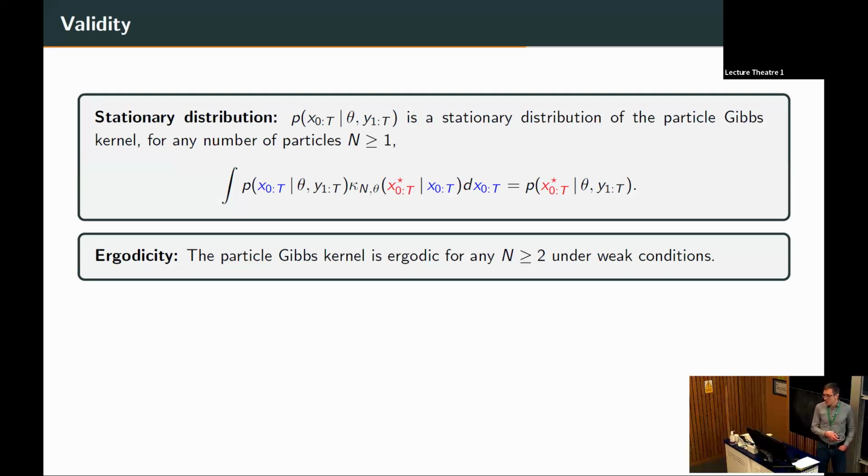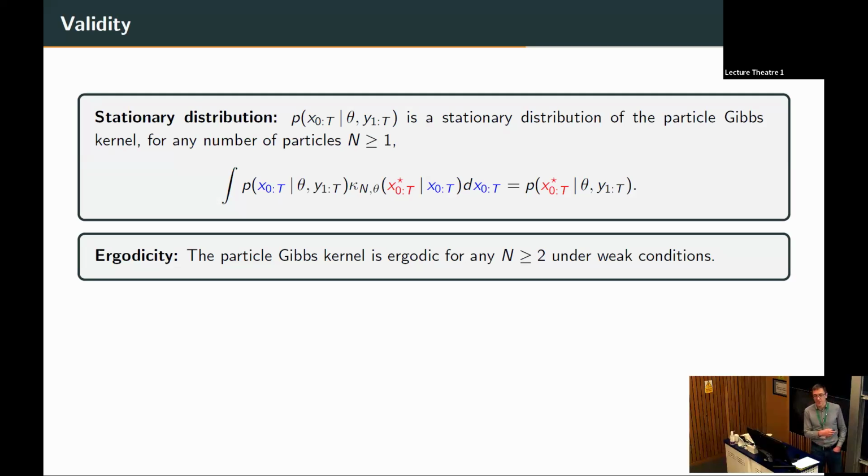A few properties here. First of all, this is indeed a valid MCMC kernel. Similar arguments to the ones that we had on the board for the importance sampling case can be applied here as well to show that this is a kernel that leaves this posterior distribution invariant.